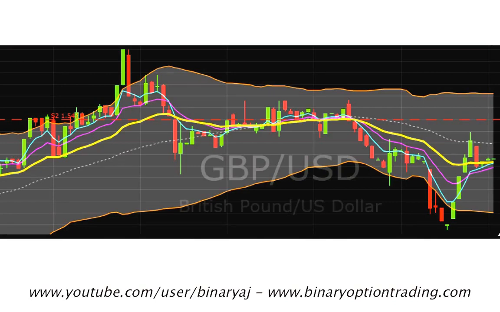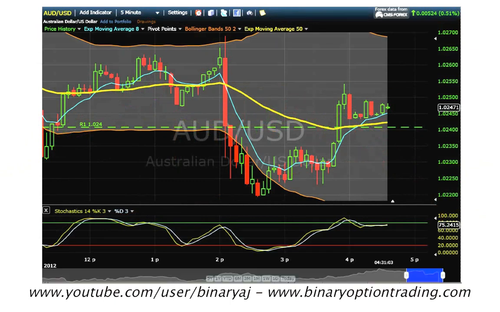So again, I have another freestockcharts.com setup. As you can see, this is on the Australian dollar versus the US dollar, and I'm just going to demonstrate right here that Bollinger Bands are not foolproof. As you can see, I have the 50 Bollinger Bands set with the 2 deviations, and price just fell down.